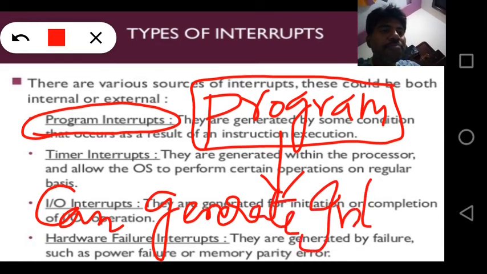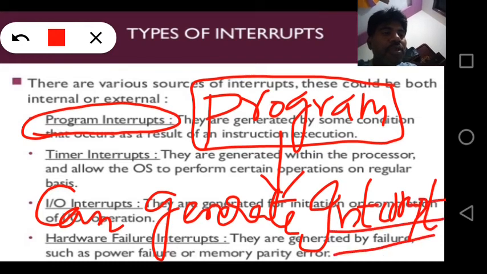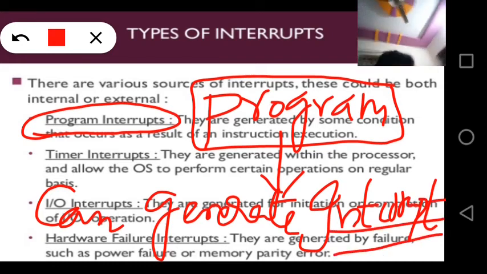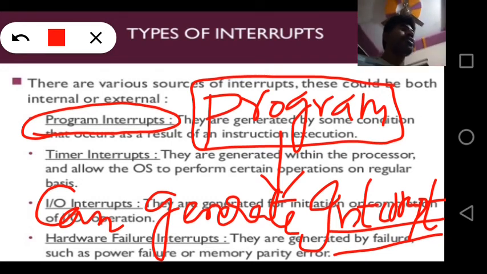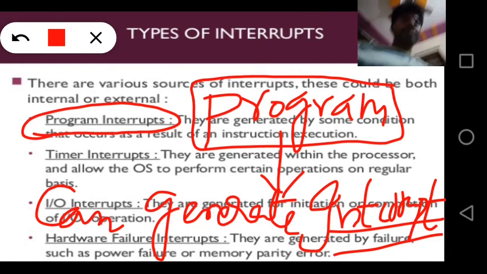It is called a program interrupt. They are generated by some condition that occurs as a result of instruction execution.